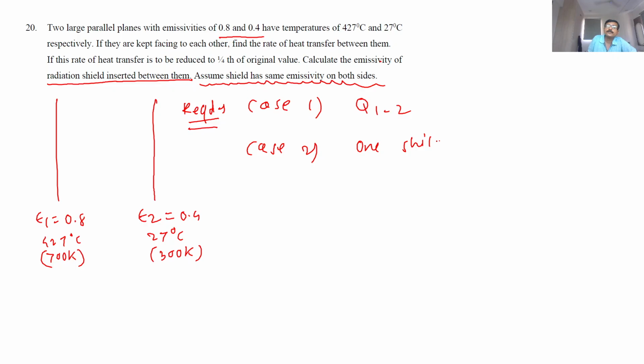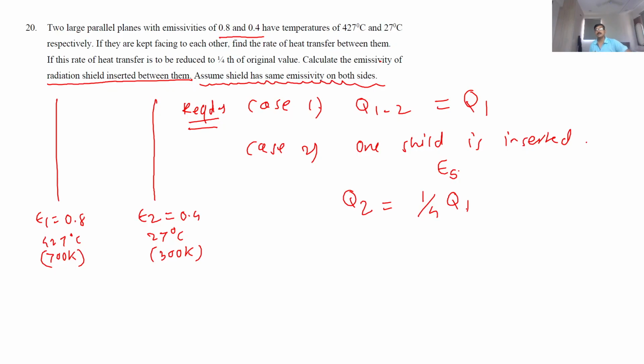One shield is inserted, and in this case you need to calculate the epsilon of that shield. Yes, epsilon. Okay, but in that case your new value of Q, case 1 I will put as Q1. New value is treated as Q2, that is 1/4 of the original value, means Q1. After inserting the shield, how much did the heat transfer rate become? 1/4, so Q2 is 1/4 of Q1. And if this happens, what is it because of? It is because of the shield, so you have been asked to find the emissivity of that shield. So epsilon S you have to find. Now we will go for the solution.